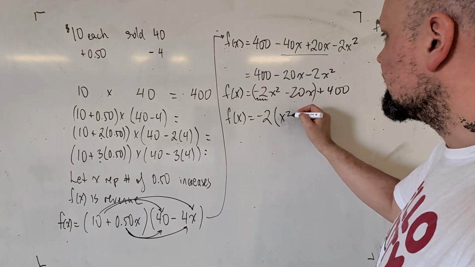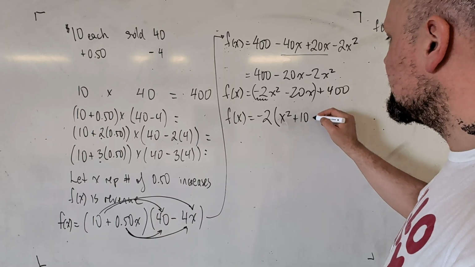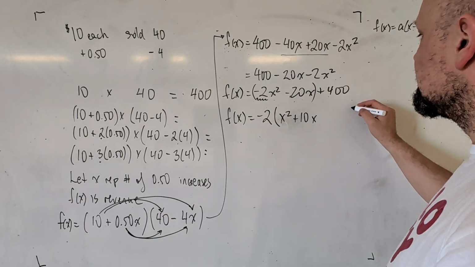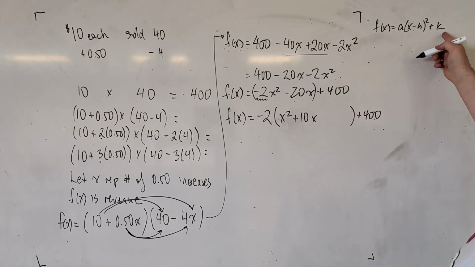Then I'm left with x squared, and when I divide by -2, I get plus 10x. And then plus 400, because that's going to be part of my k, so I'm going to leave that out there.